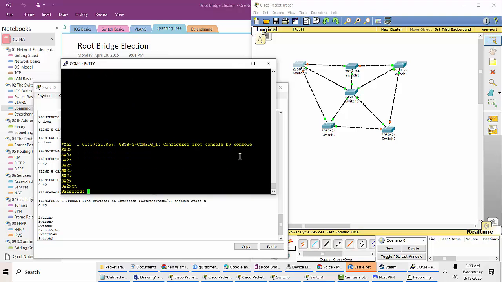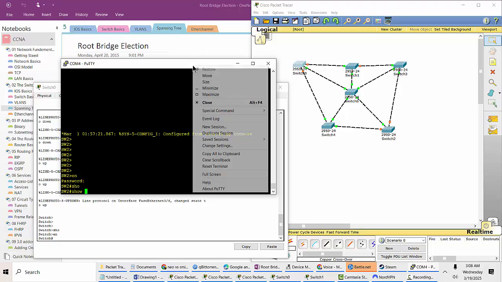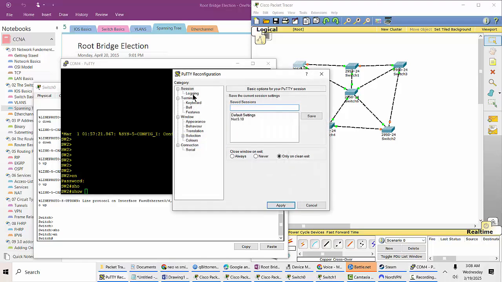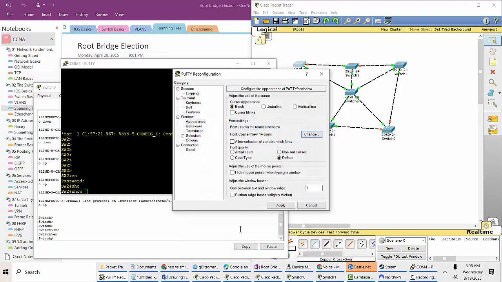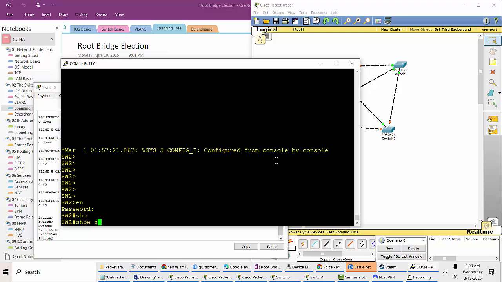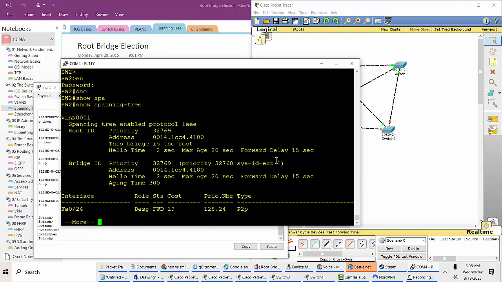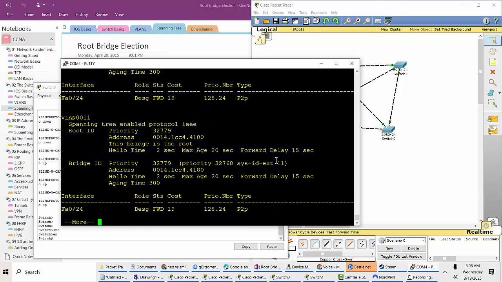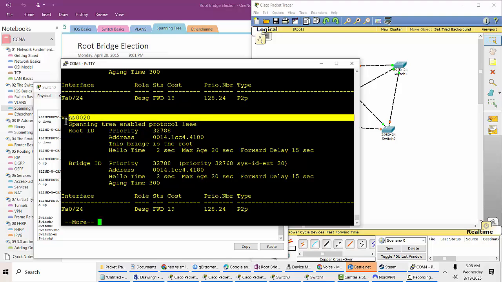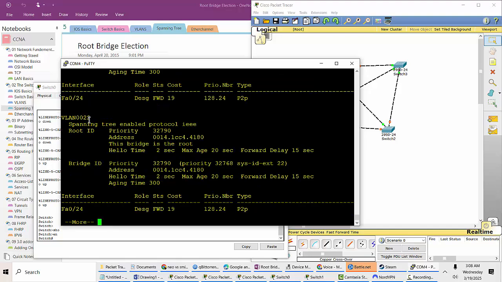I've got to change these settings and make sure they're default here, because I don't like the fact that this keeps changing. Okay, show spanning tree. That's the only command, and it's going to do it for all VLANs. As you can see, now we're looking at VLAN 20, VLAN 22, VLAN 33.